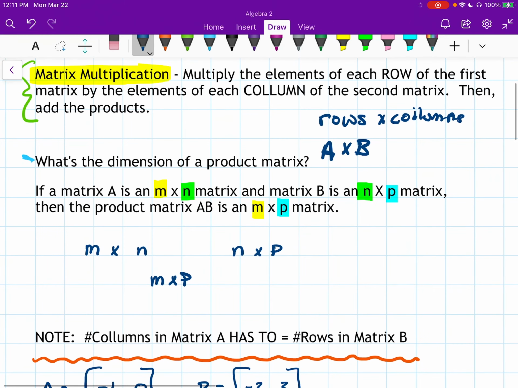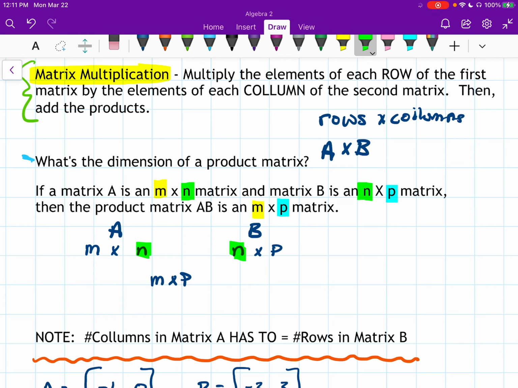Now here I wrote it out, and I think it makes a whole lot more sense. We have matrix A and matrix B. A is an M by N, and B is an N by P. Now notice, they both have N's in the middle, right? For A, the columns are N, and for B, the rows are N. Those have to be the same for them to multiply. So multiplication of two matrices is not always possible.